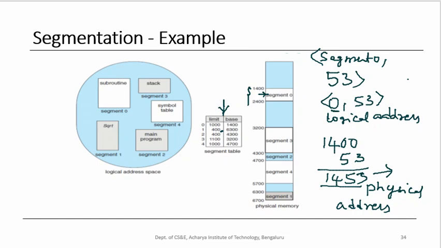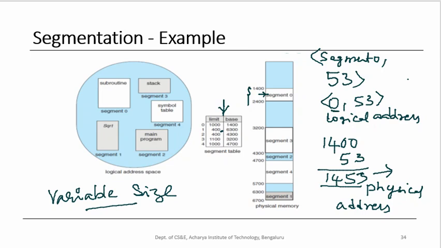Now, before I go ahead and discuss the hardware support that segmentation gets, if you see here, these segments are of variable size. So this is something like variable size partitions in contiguous memory allocation.